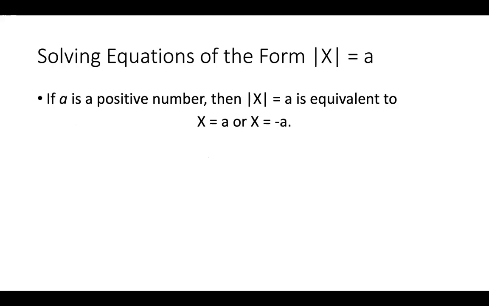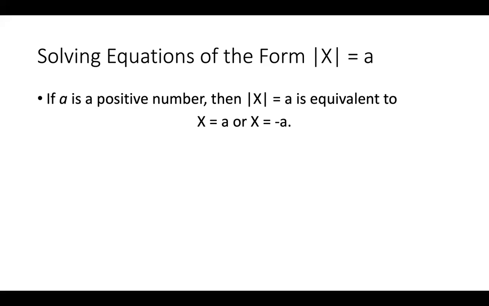All right. So here's the rule for solving absolute value equations of the form absolute value of an expression equals a. Notice the capital X. Sometimes I use that to represent an expression like 2x plus 3 or something.